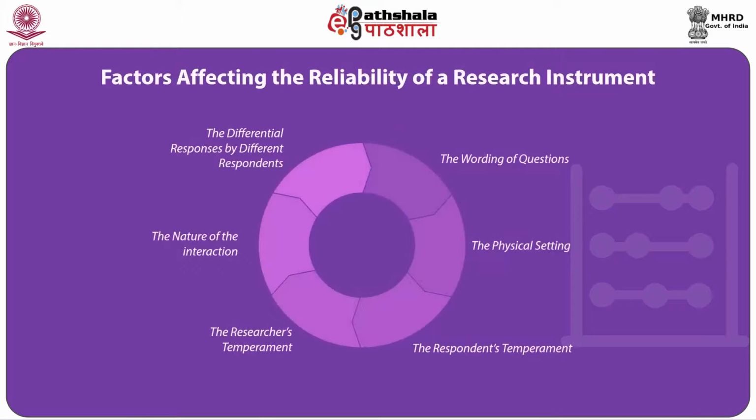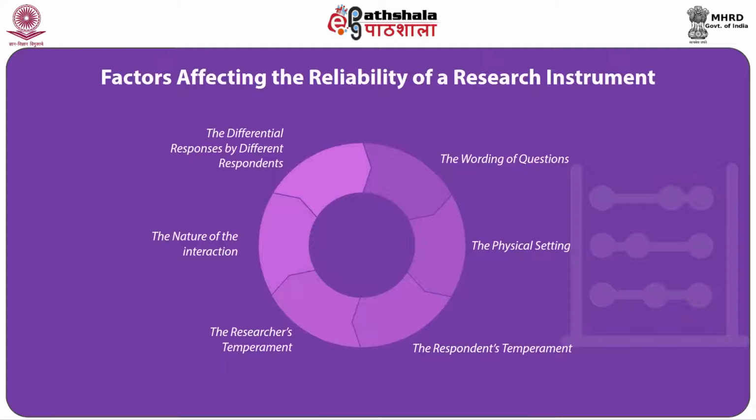Secondly, the physical setting. If we use the instrument as part of an interview, any change in physical setting at the time of the repeat interview may affect the responses given during the first interview by a respondent, which may affect reliability. Thirdly, the respondent's temperament.